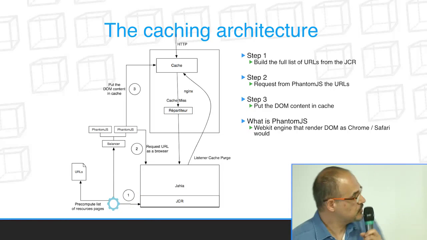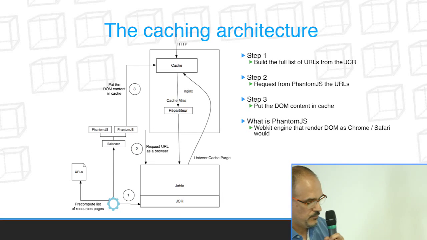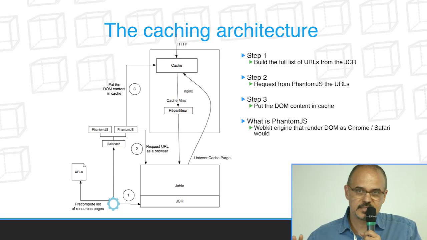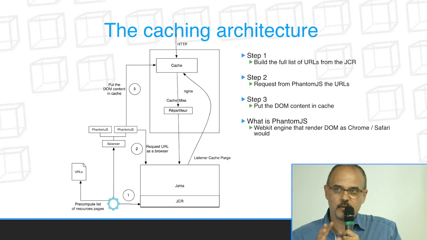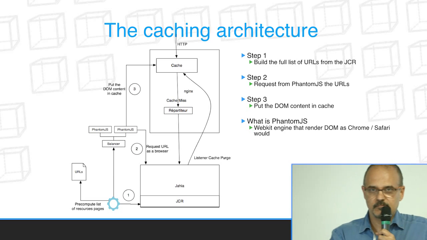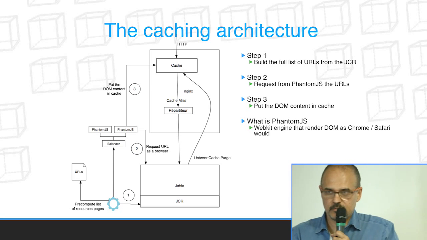So when our end user comes, since we pre-computed everything, we know that everything is in the cache. We send back the whole content without any Ajax calls needing to be executed on the browser side. Everything is already prepared.